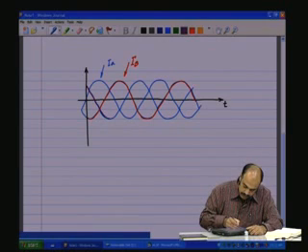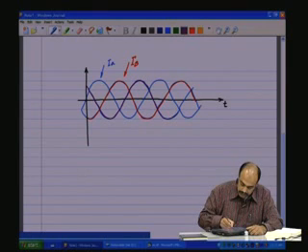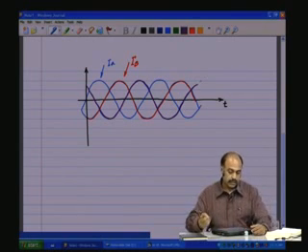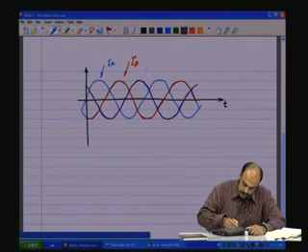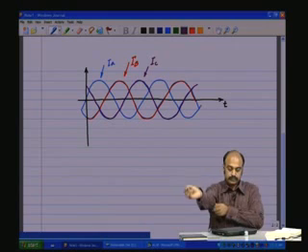So it comes in this fashion, which is 240. You see that it is now cutting the 0 and going positive 240 degrees with respect to the A phase. So these are the three phases IA, IB, IC.